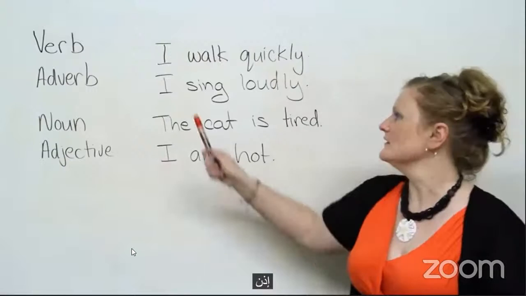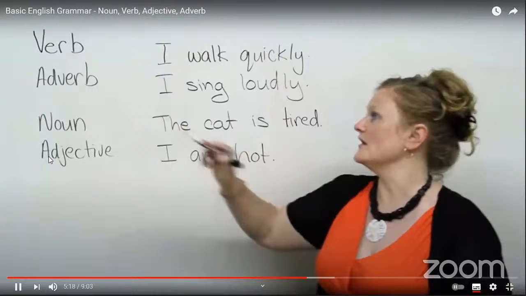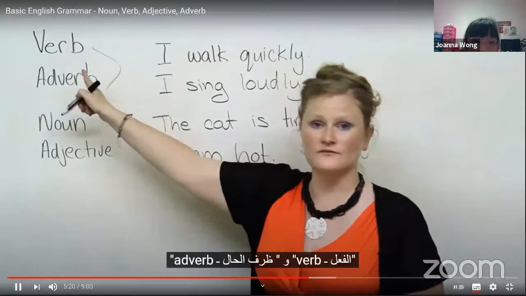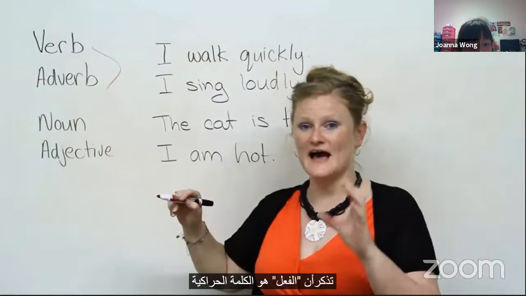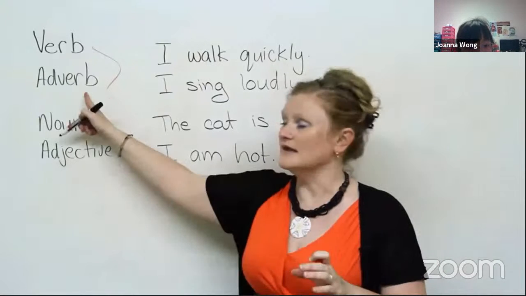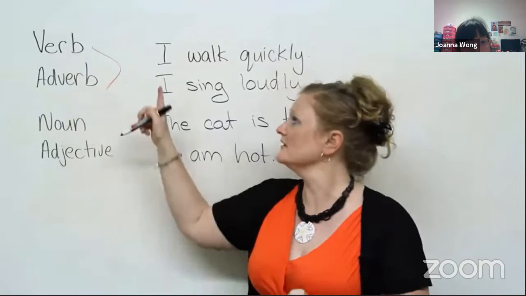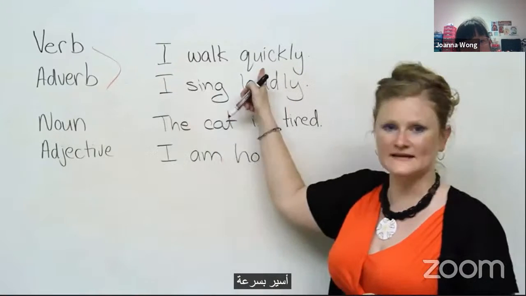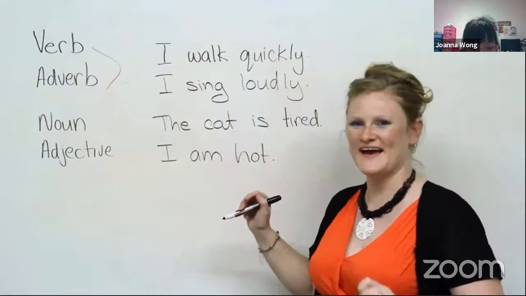So, let's look at the first sentence. In these two sentences, I want you to find the verb and the adverb. Remember, a verb is the action word, and the adverb tells you how the action was done. I walk quickly. In this sentence, can you tell me where the verb is?